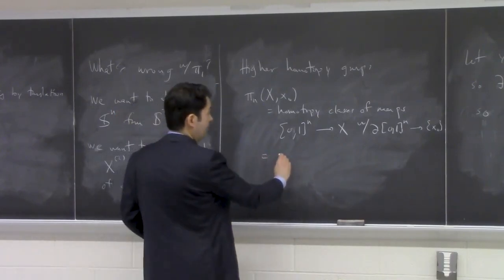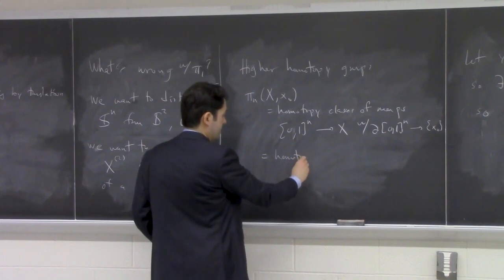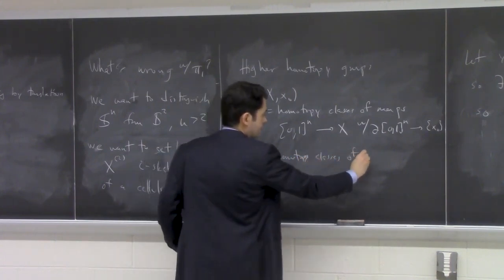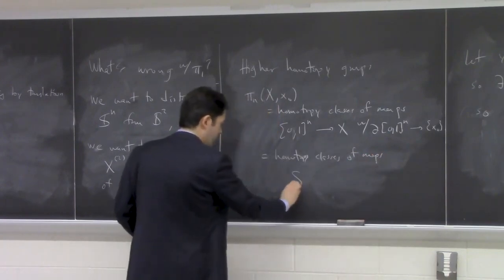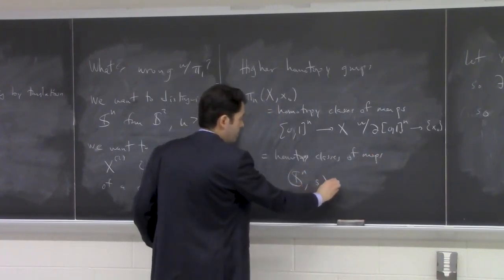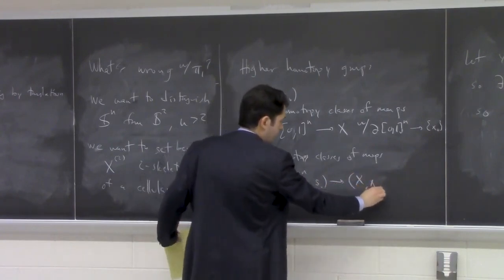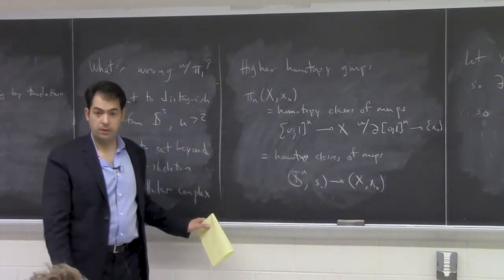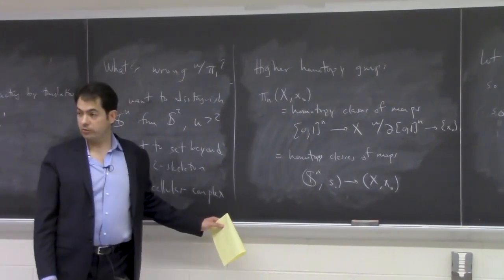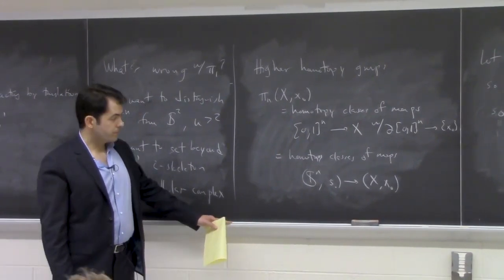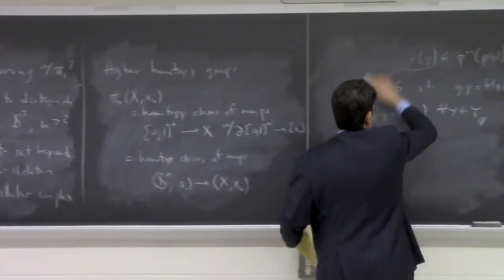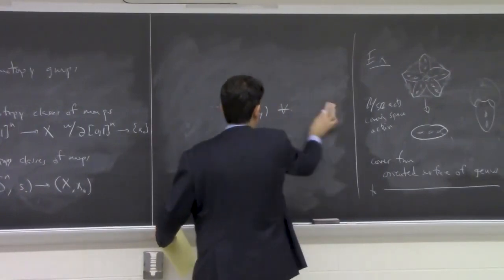This is the same as homotopy classes of maps from the n-dimensional sphere with some base point to x. So, homotopy classes of pairs. The operation is not hard to describe.